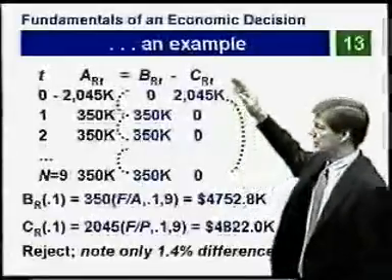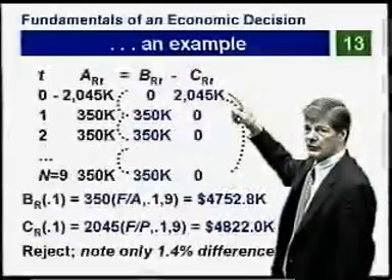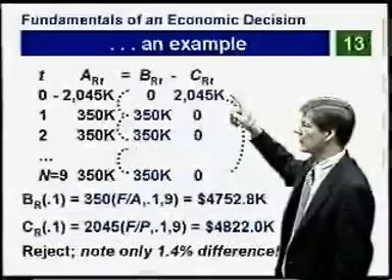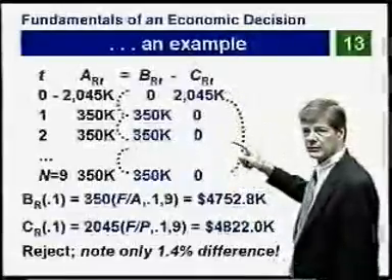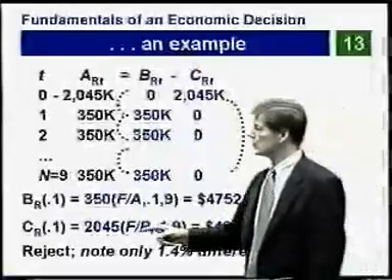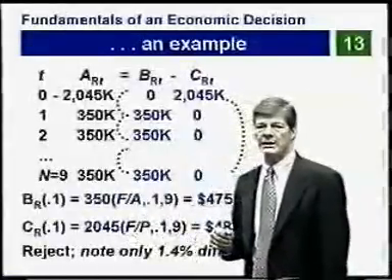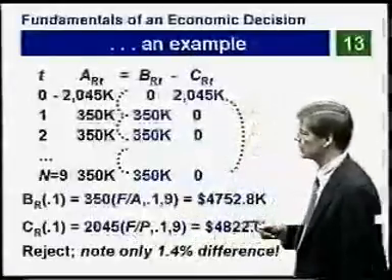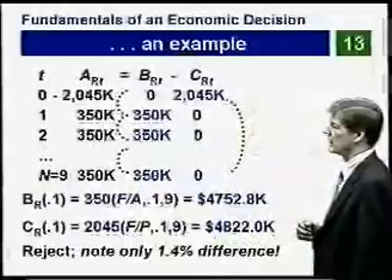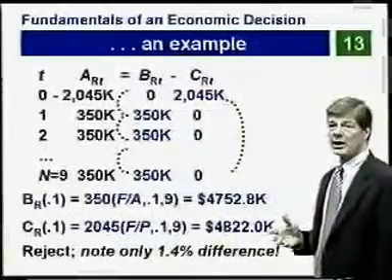Alternatively, I could instead choose the cost cash flow stream, that is, invest not in the robots, but invest this at 10% per year, and that would accumulate to $2,045,000 times my equivalence factor, find F given P, at 10% interest for 9 periods, which results in $4,822,000. Which would I prefer?